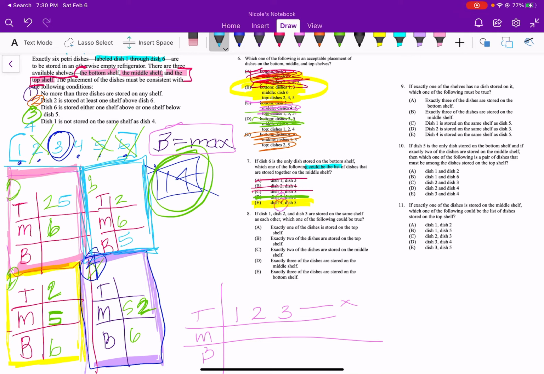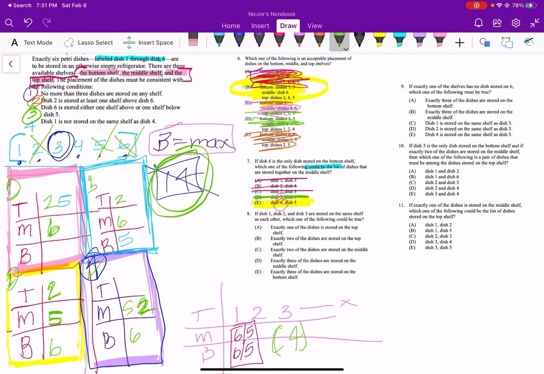It hasn't affected anything so far. But, so we have 1, 2, and 3 in the top. So we know that there has to be this block of 6 and 5. Not sure which one goes where, but they have to be next to each other and they have to be in the middle or the bottom. And then the only other one that we're thinking about is 4, and that can go in either or.